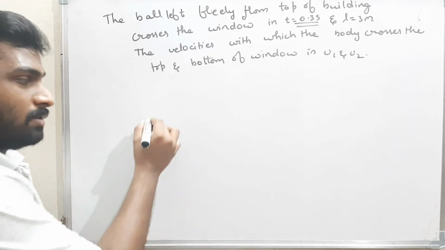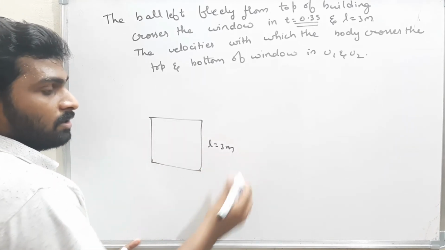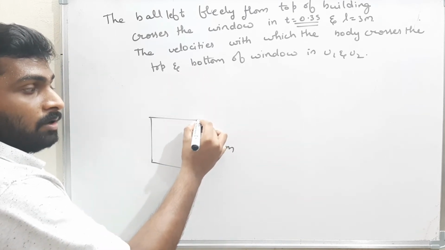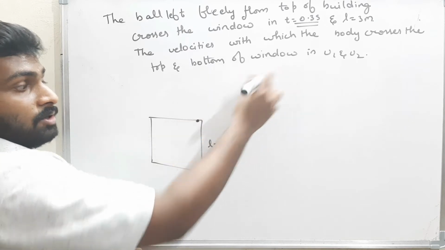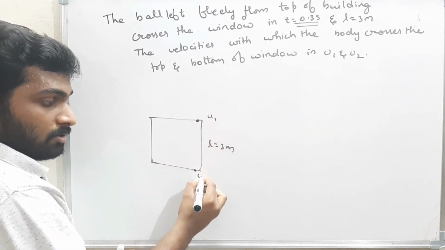Simply what they told, this is the window. The length of the window is 3 meters and the body is coming down. When the body is coming down, the body crosses the top of the window with a velocity u1, and when the body is coming down, it crosses the lower part with a velocity u2.